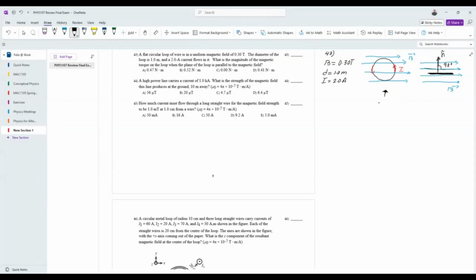So that means that when they ask what is the magnitude of the magnetic torque, well, we know the torque is equal to the number of turns times the current times the area times the intensity of the field and the sine of the angle theta.